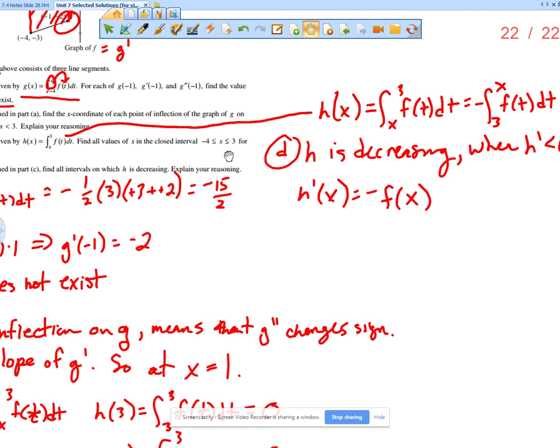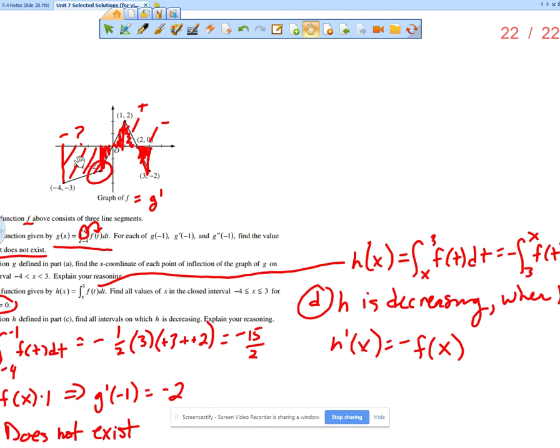Or if you think about it this way, h prime is found by taking f and reflecting it over the x-axis. So, a quick little sketch of f. Everything that's below the x-axis is now above the x-axis, and everything that's above is now below. So this is the graph of h prime.